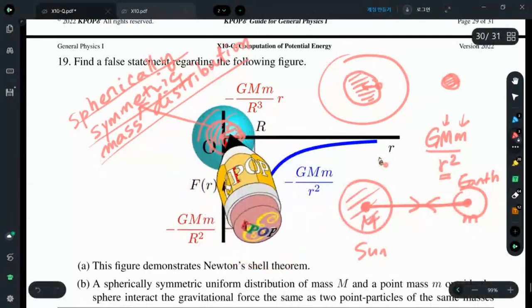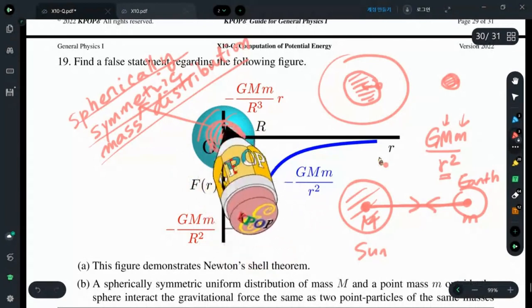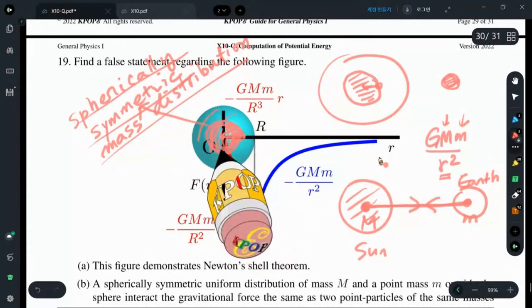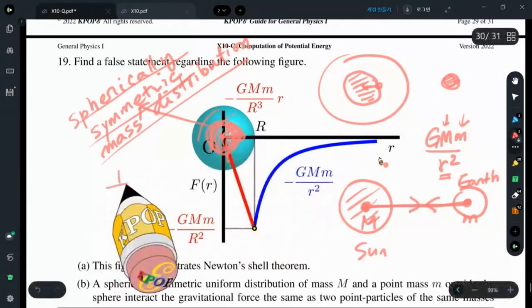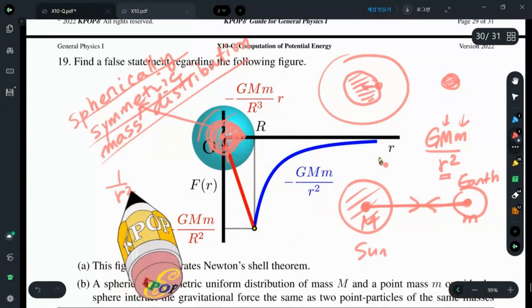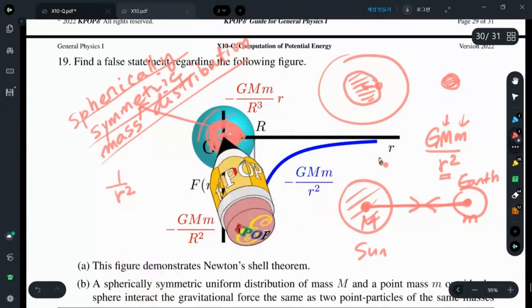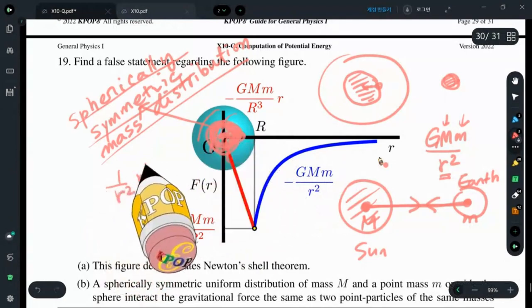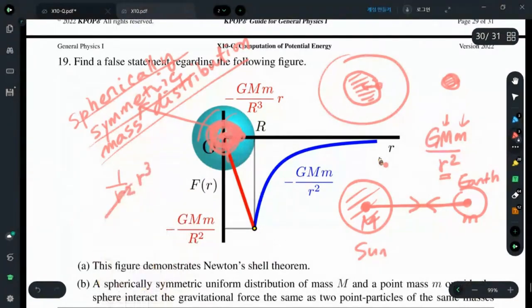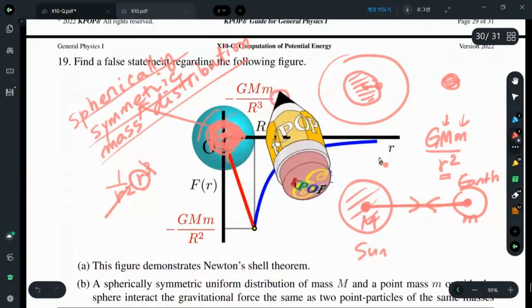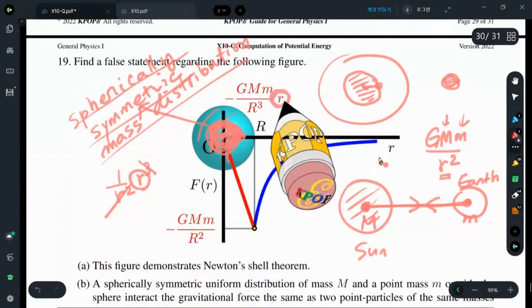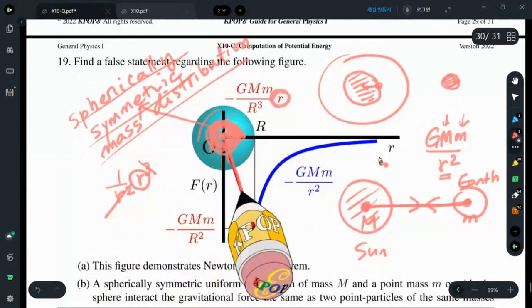Only the contribution of this small sphere contributes to the gravitational force. That's the reason why we have the gravitational force of 1 over r squared dependence, but the mass inside the small radius r is proportional to r cubed. This r squared cancels, and the remaining piece has a dependence on r that is linearly increasing.